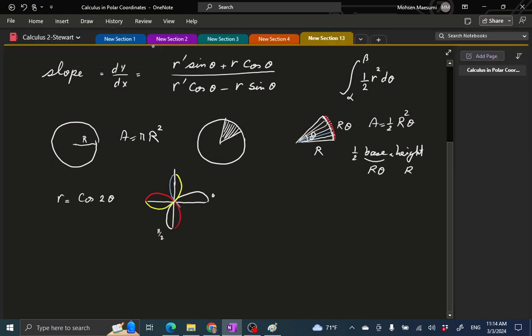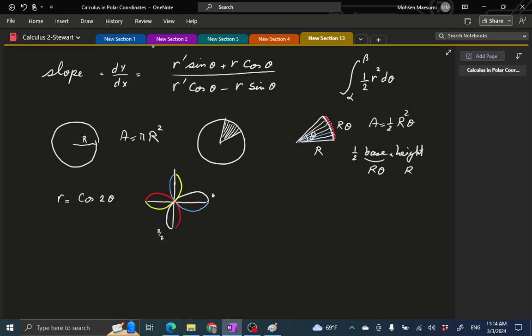We went through this piece of the diagram. So the important thing is to have a concept of how the graph looks and how it evolves as theta changes.